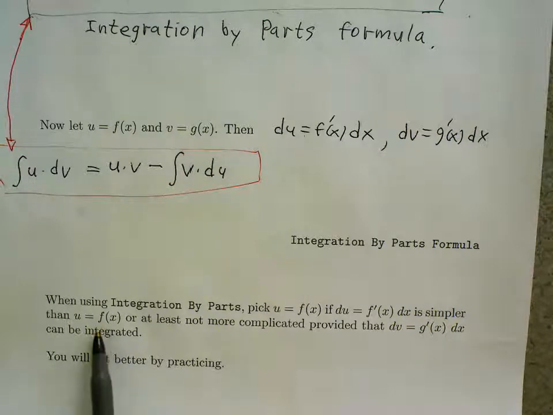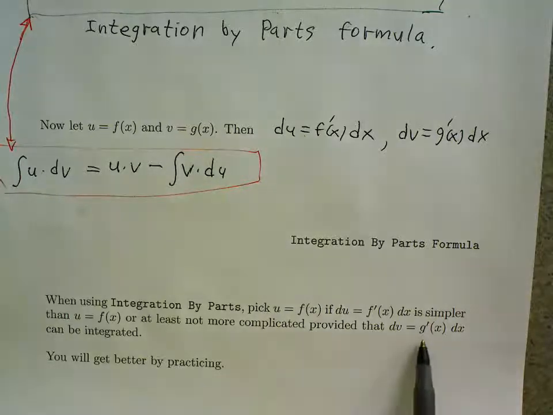You'll see how that works in a few minutes. If it's not simpler, at least make sure that it's not more complicated. And this is also provided that we can find an antiderivative for g prime of x. Let's look at some examples.